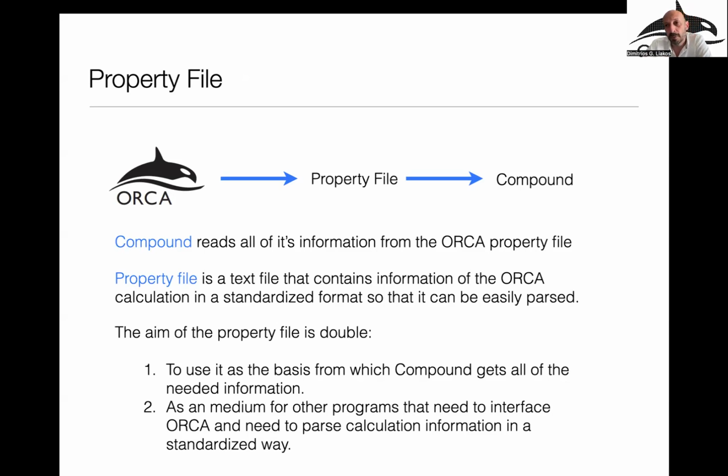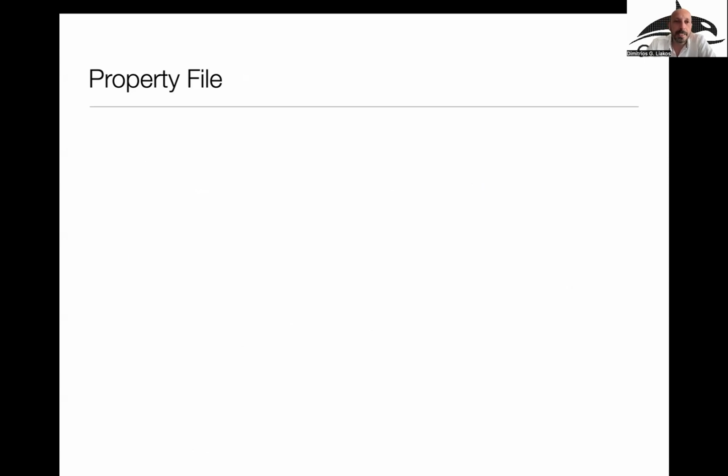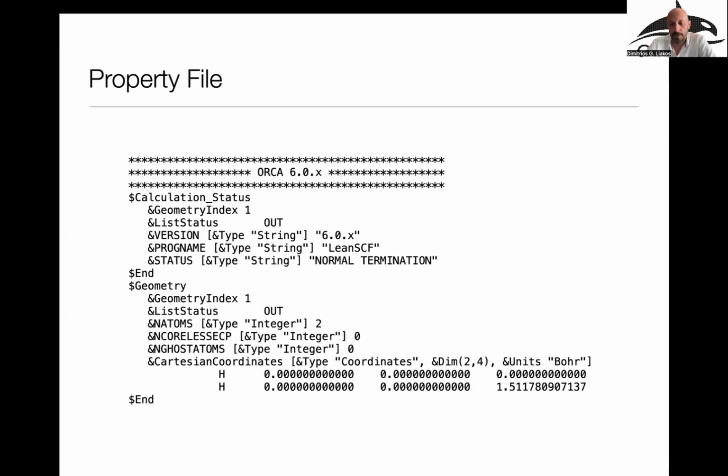The aim of the property file is that first we use it for compound to get all the information we need. But then the property file can also be used as a medium step for other programs to interface with ORCA. Let's see how it looks.